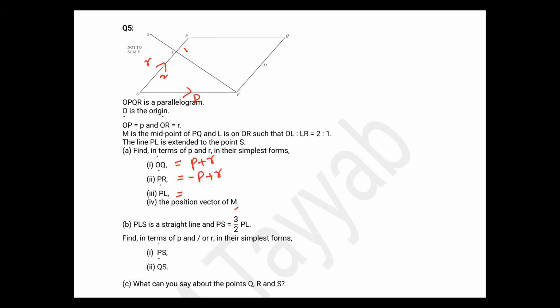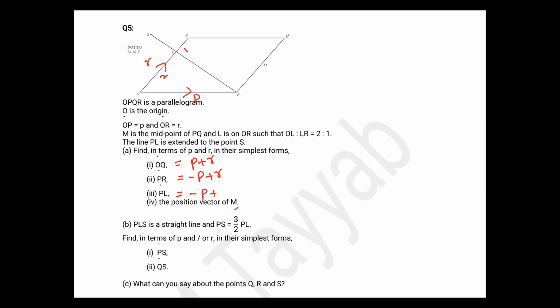Yes, you are right. So to go from P to L, you would have used P to O. When you are moving P to O, it means you are moving against the direction of P. So it's minus P plus OL. So overall the full vector is R and it is divided in 2:1.